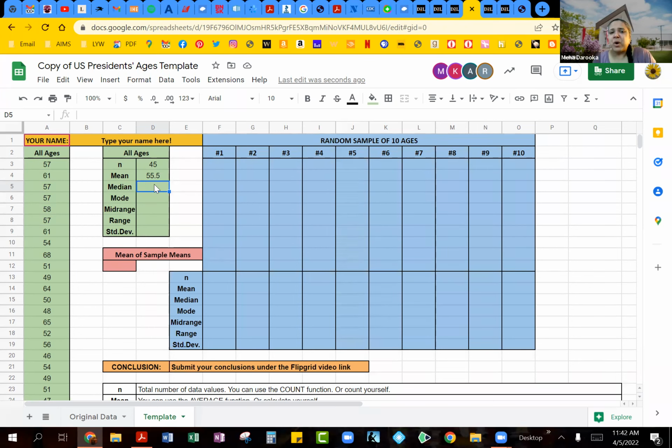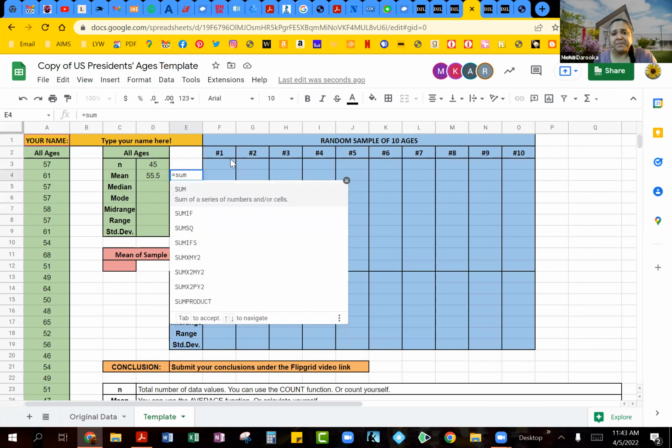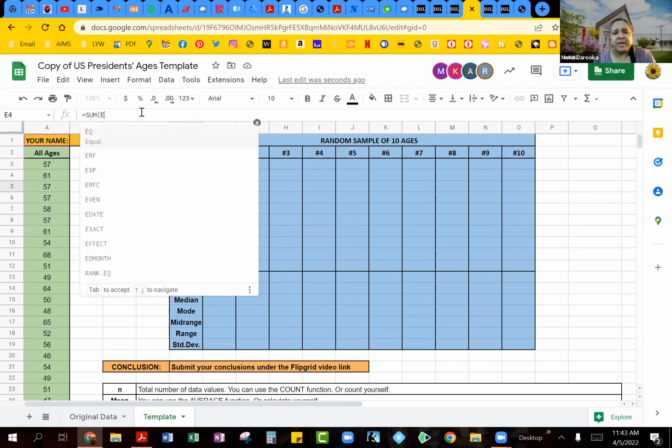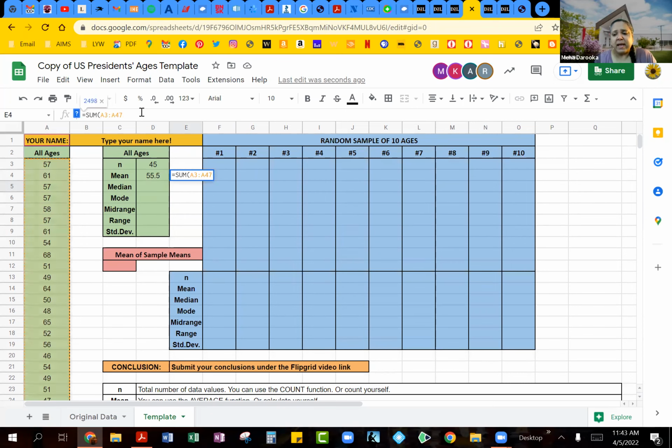You can see what the average function does is add all the values together and then divide by the total number of data items we have. If you want to verify that, let's add all of our presidents' ages, and then divide this number by how many ages we have.